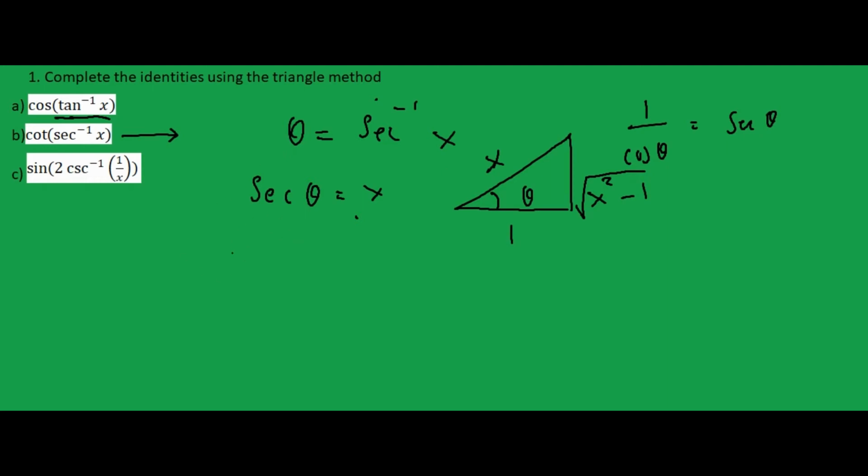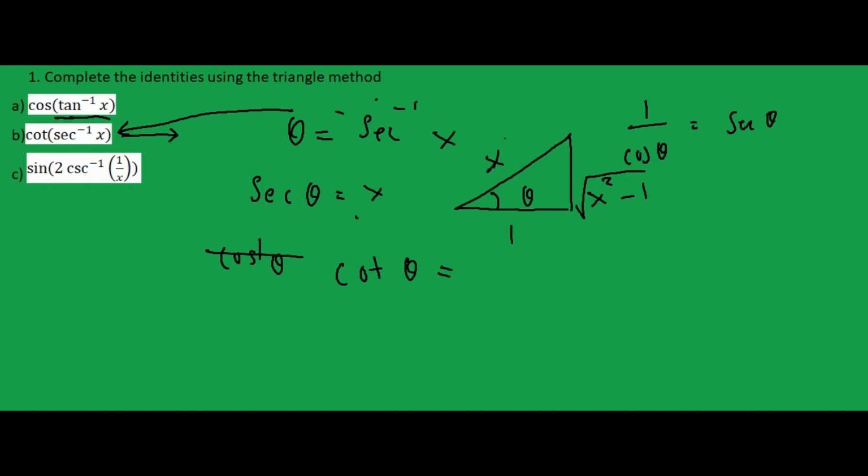Since we made a variable where theta is equal to arcsecant x, we replace it with arcsecant x. So cotangent theta.